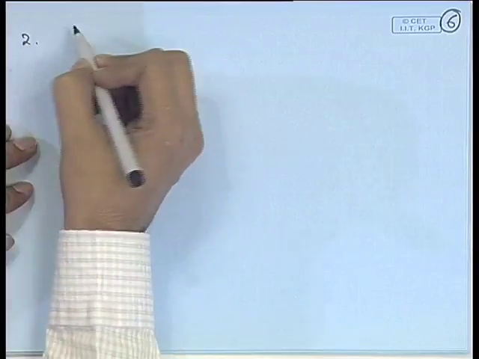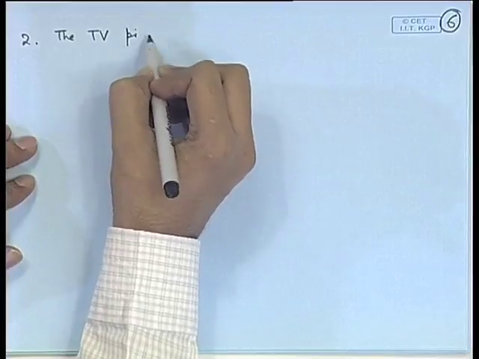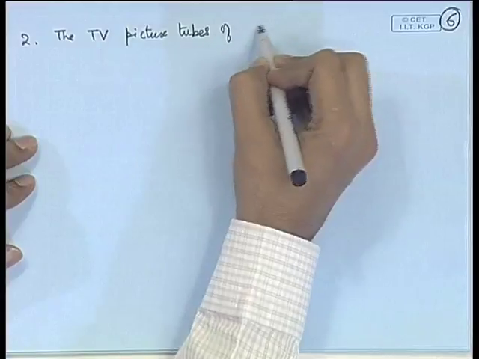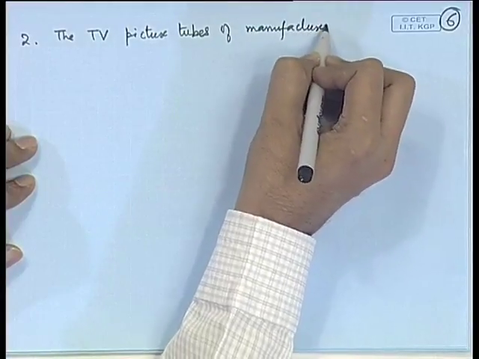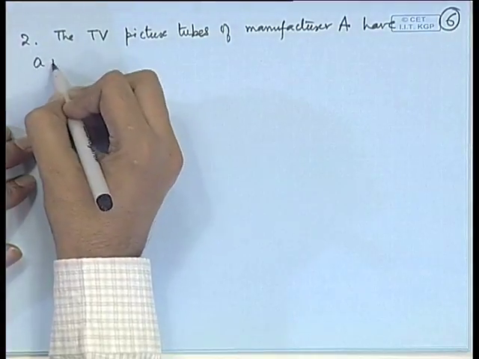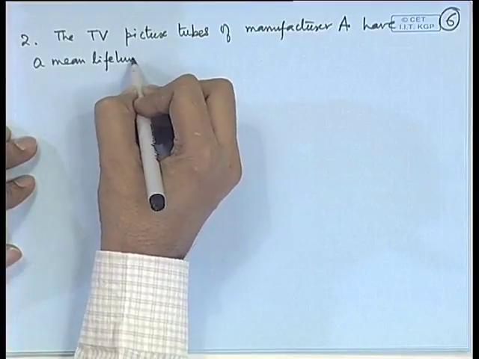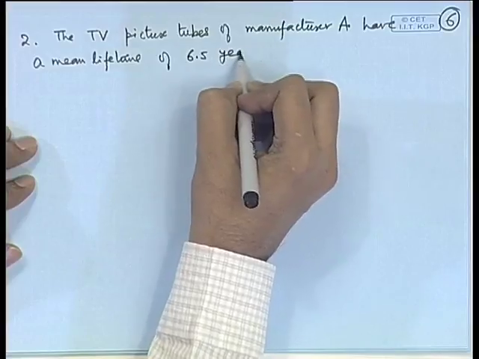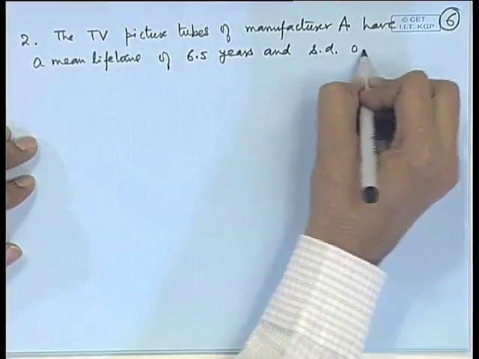Let us take another example. The TV picture tubes of, say, manufacturer A have a mean lifetime of 6.5 years and standard deviation, say, 0.9 years.